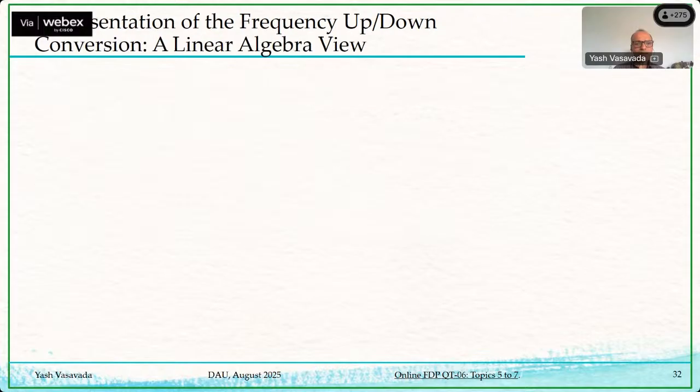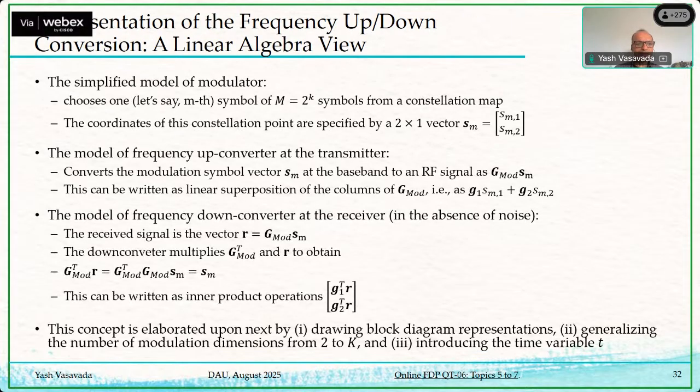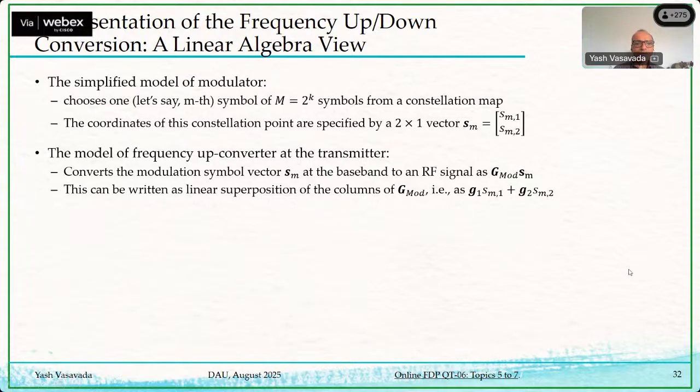Anyways, this is what I was mentioning very briefly, that the process of frequency up conversion can be thought of as taking an information bearing vector S of m, which for the second order scheme is only a two-dimensional vector.